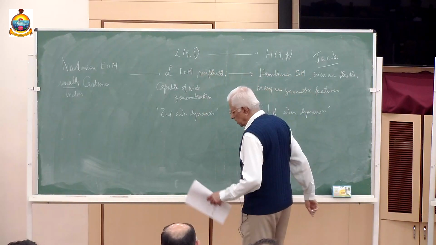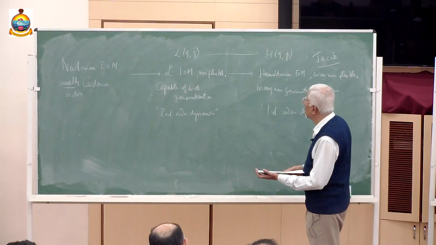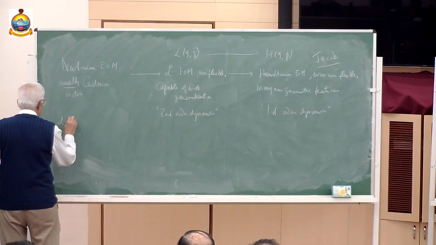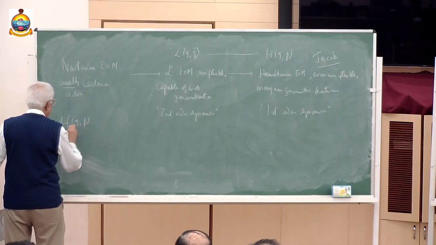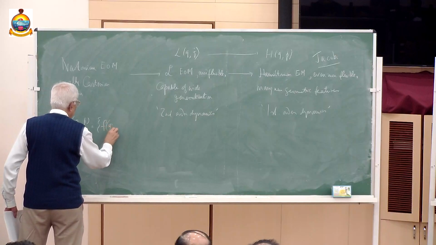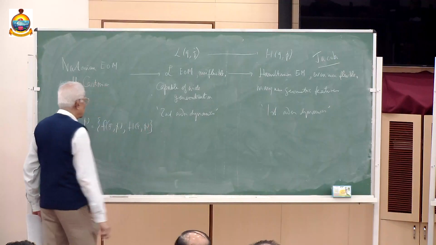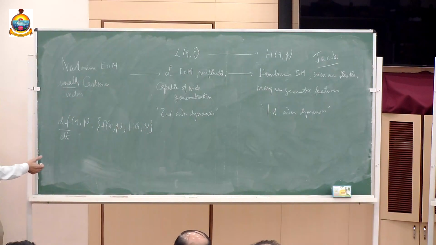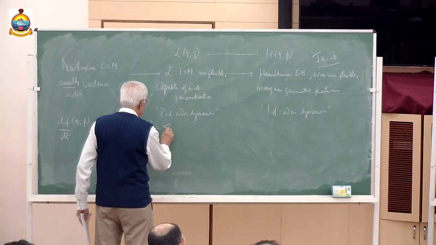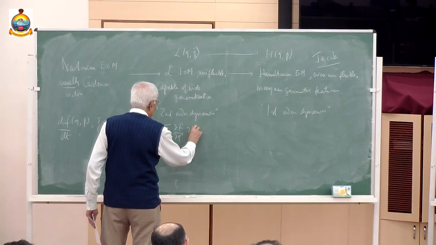It is the Legendre transform of the Lagrangian. And you have seen that we are able to write an equation of motion for any function of the coordinate and momentum variables using an expression called the Poisson bracket. And you remember what this is. It is a sum over the various degrees of freedom.